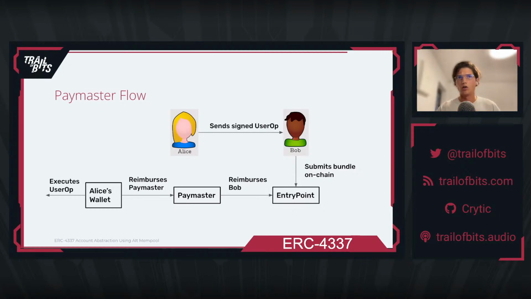It's not the native token. For that case, you would want to swap this token for the native token to be able to use it, but you need this intermediary paymaster in between. We'll go into some of the details in a bit as to why you would want this extra step of having a paymaster.